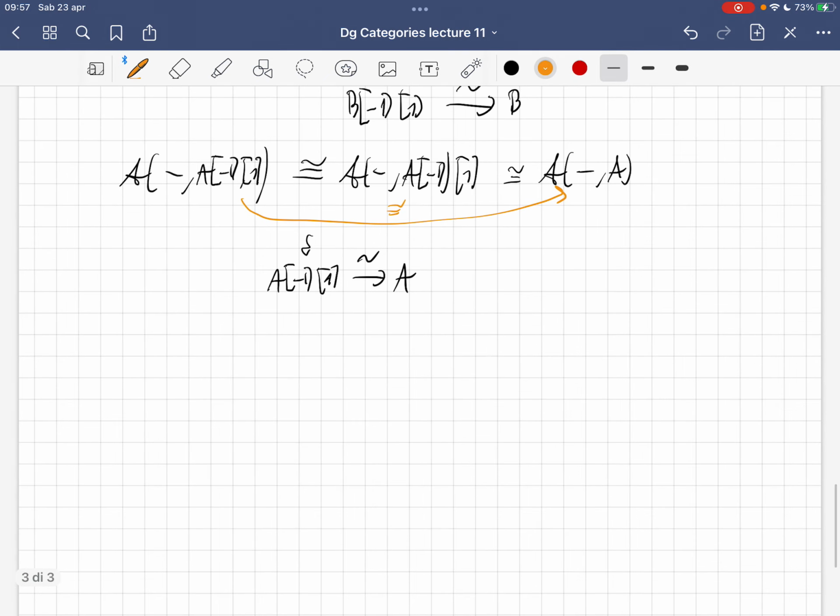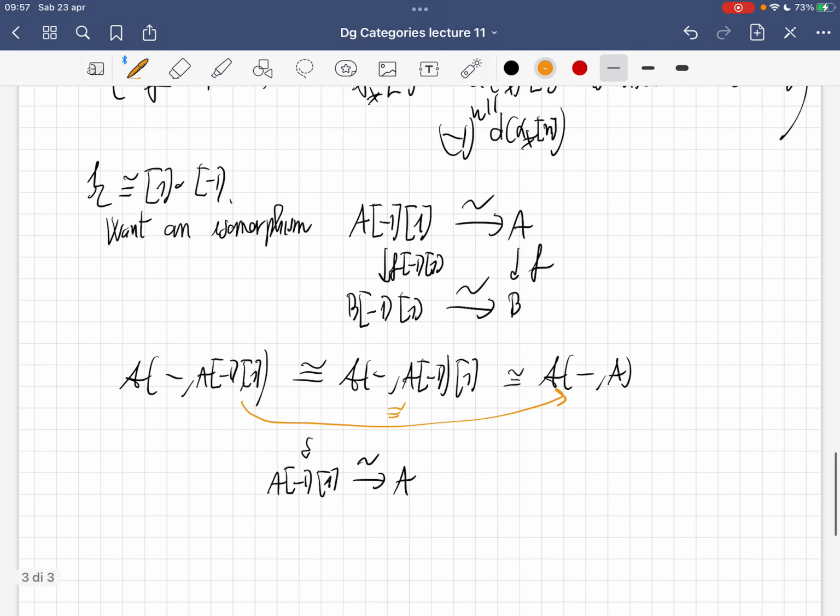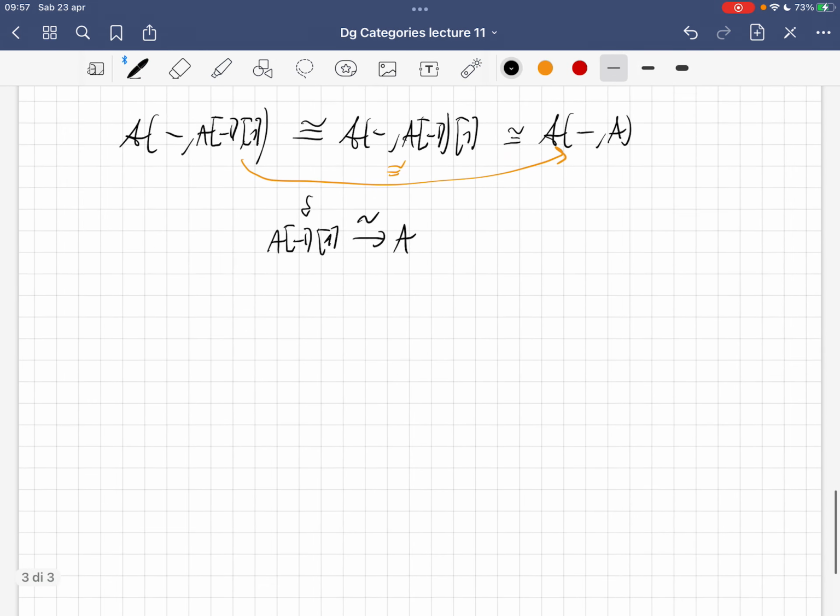And what about the representability? Again, the compatibility of this diagram. Well, again, you can prove it. Let's write this here. You can prove it at the level of the DG modules, namely you can apply this.